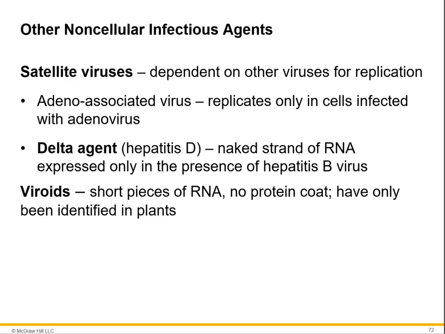Probably the most obvious example here is going to be hepatitis D, also called the delta agent. And this is just a strand of RNA that is expressed only when the cell is co-infected with hepatitis B. Then you have viroids. These are just short pieces of RNA, and so far have only been identified in plants.